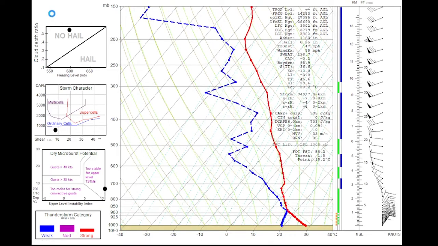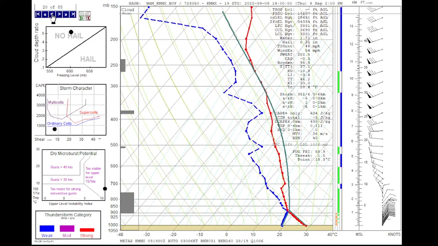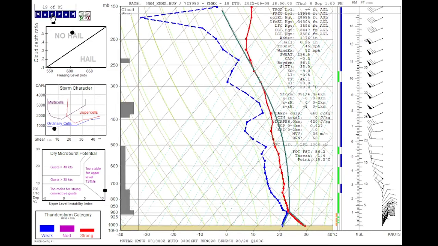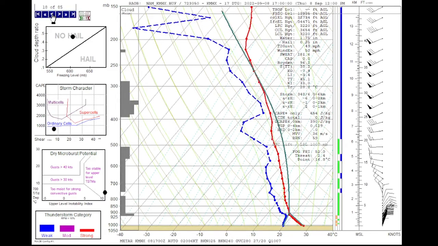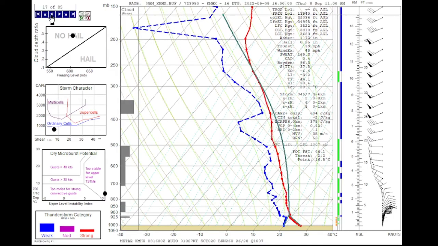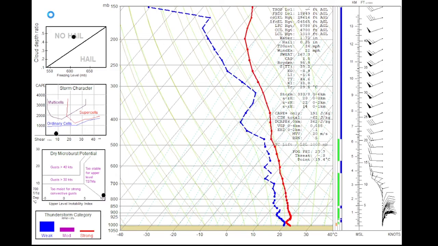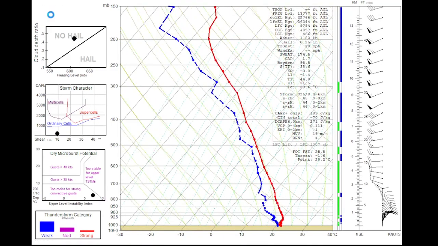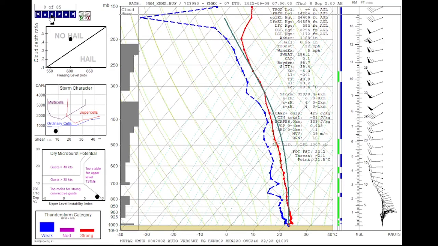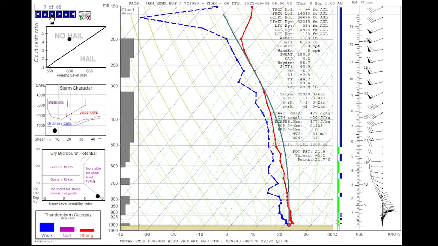We're looking for 1,000 to 2,500 joules to be moderate thunderstorms, 2,500 to 4,000 to be widespread severe thunderstorms, and greater than 4,000 to be extreme and large hail producers. So let's get to a point where we can see that. Basically, once you start seeing that lifting condensation level on the right side of the temperature, that is pretty much where you're going to have your CAPE.